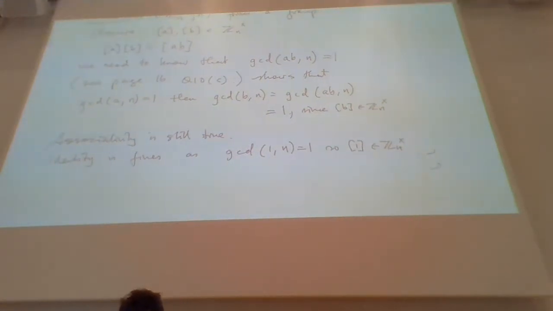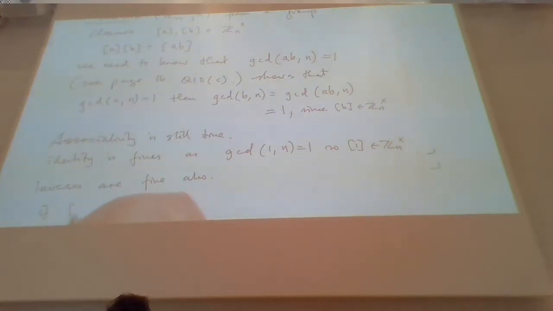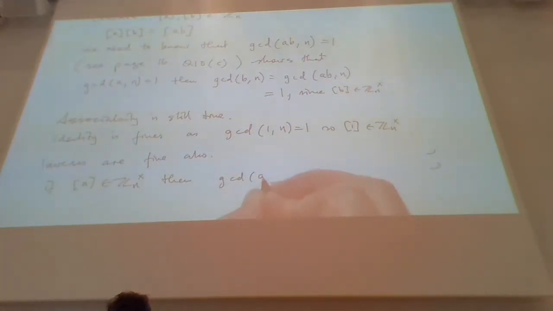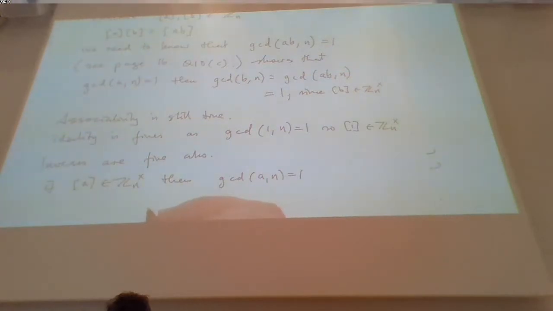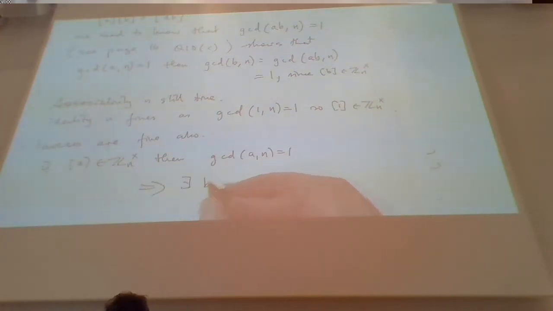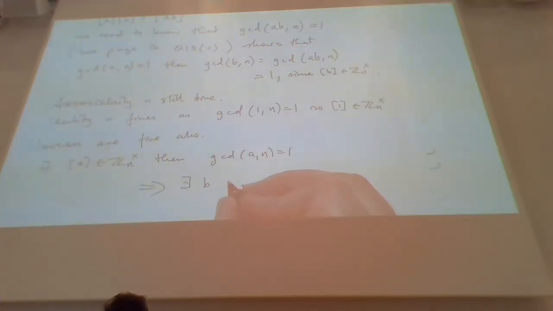And inverses are fine also. If A is in Zn star, then the GCD of A and n is 1, and that implies that there exists a B such that the congruence class of A times the congruence class of B equals 1, as above.